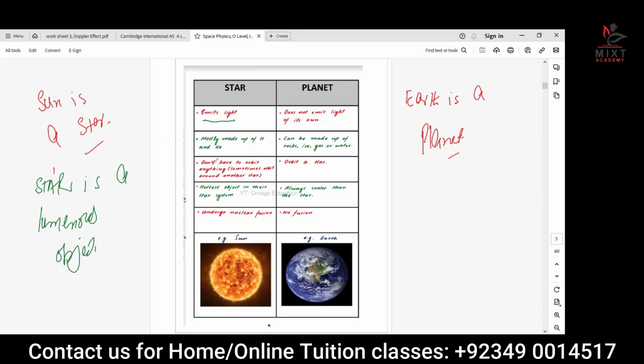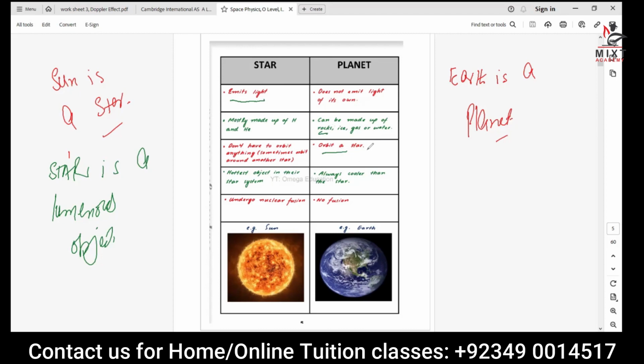Star is made up of gases, right? If we talk about the Sun, it is made up of hydrogen and helium gases, whereas a planet is made up of rock, ice, gas, or water. So mainly planet is made up of rocks, whereas star is made up of mainly gases, hydrogen and helium. Okay, planet orbits the star.